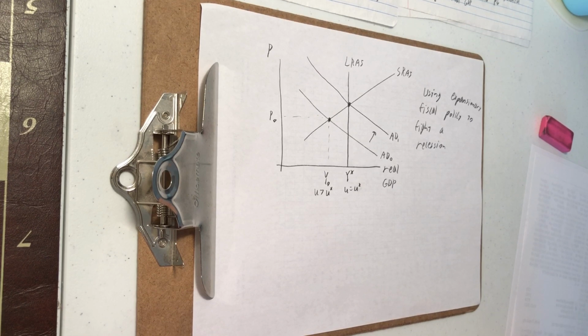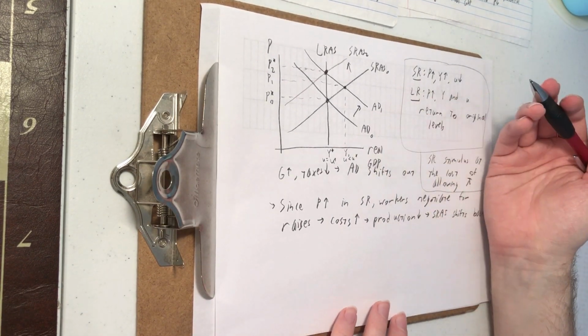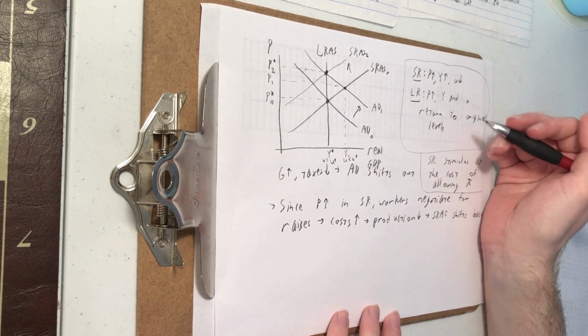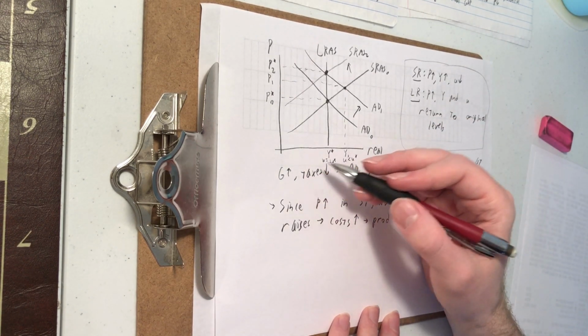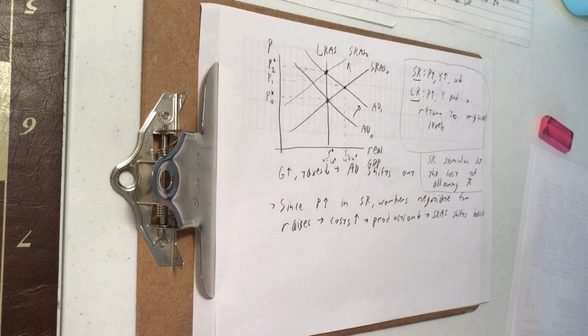Now, one other cost of expansionary fiscal policy is, we already saw there is inflation back over here. Another cost is that you get a budget deficit. If you start spending more or taxing less or both, either way, you're going to typically put more strain on your budget.